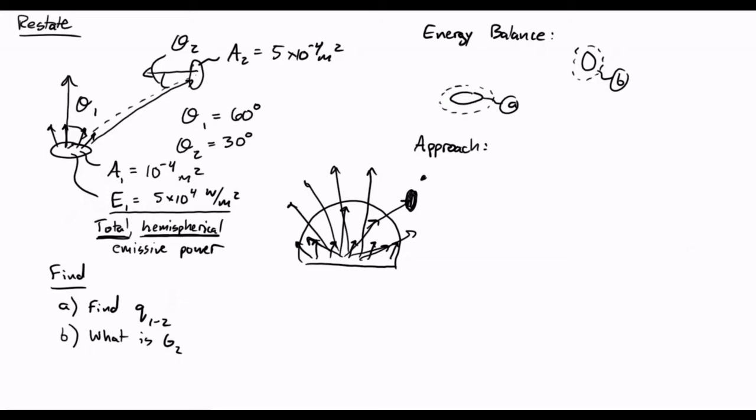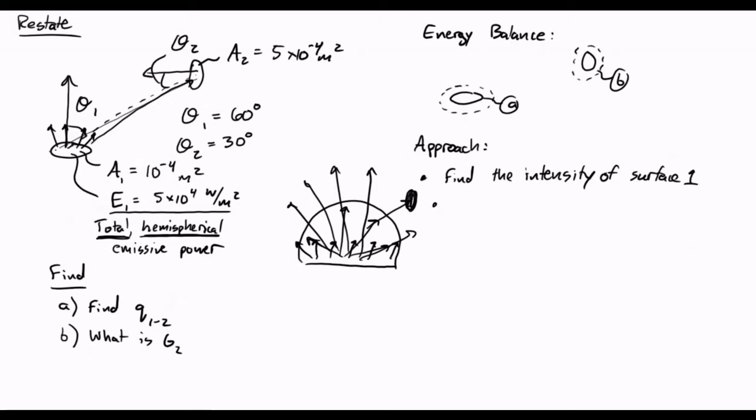Well, what we need is some value that is conserved across this distance. And that, of course, is intensity. So our approach is to find the intensity of surface 1.